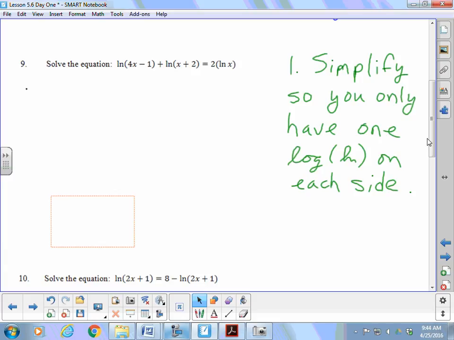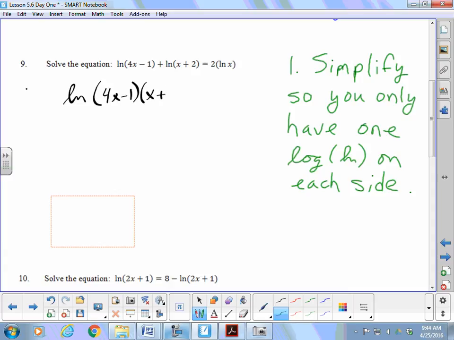That means we have to use the product rule and the quotient rule at times, or the quotient rule, not necessarily both. But what does this plus sign mean here? Multiplication. So that means we're going to have the natural log of 4x minus 1 times x plus 2 equals, and I'm going to rewrite this as the natural log of x squared.